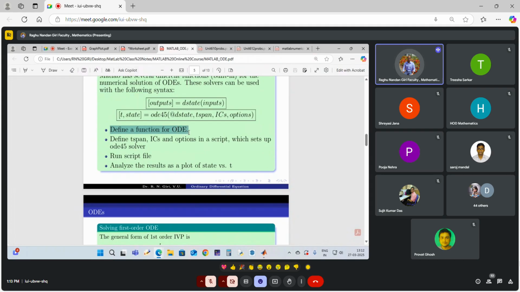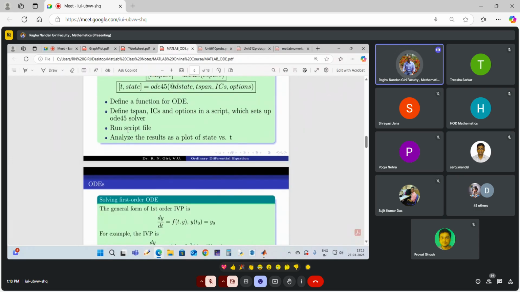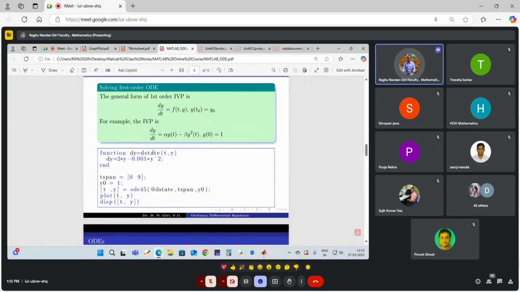So first we define a function for the ODE, then define the time span, initial condition and options, and within the script the solver ODE45 is called. Then run the script file and analyze the result as a plot of the state against t.